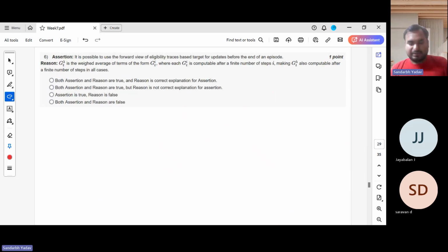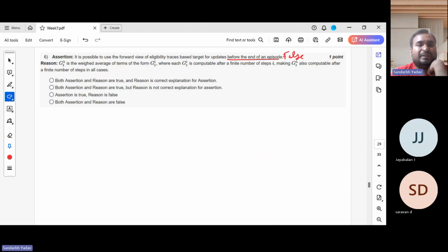So again, an assertion-reason kind of question. It says it is possible to use the forward view of eligibility traces with target for updates before the end of an episode. So can we do this before the end of an episode? This is false, right?